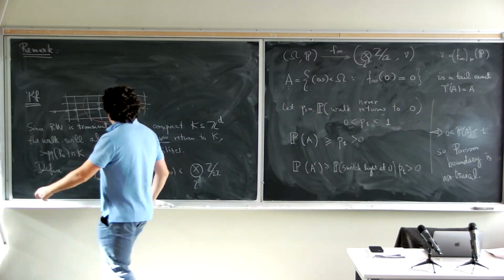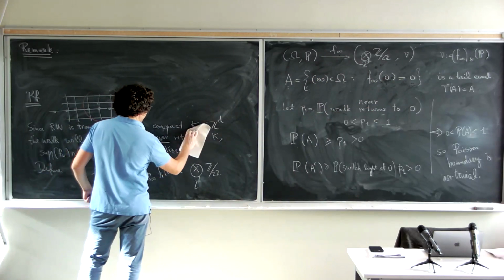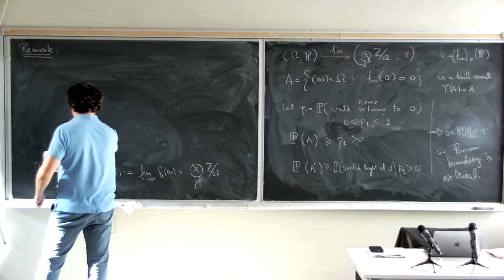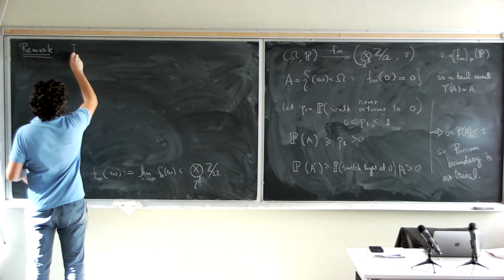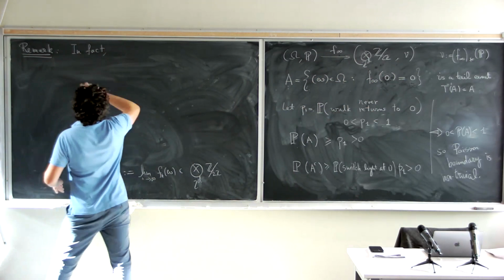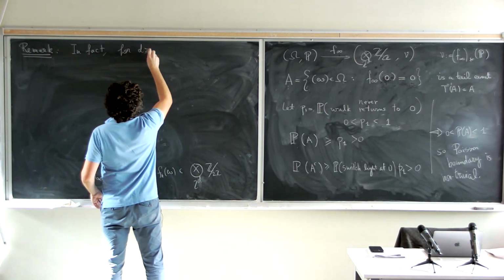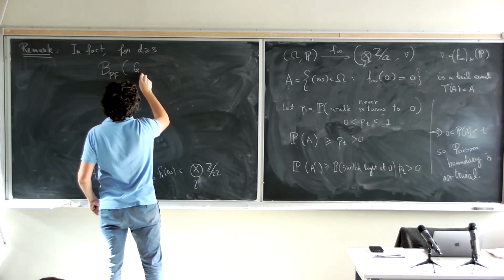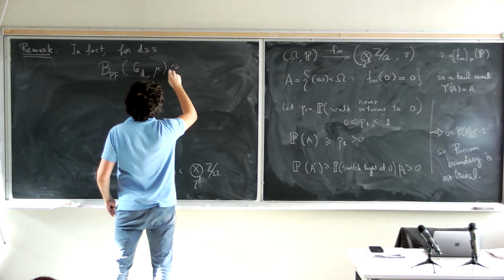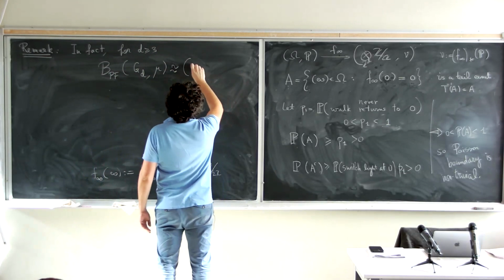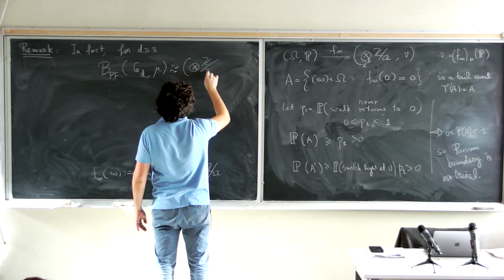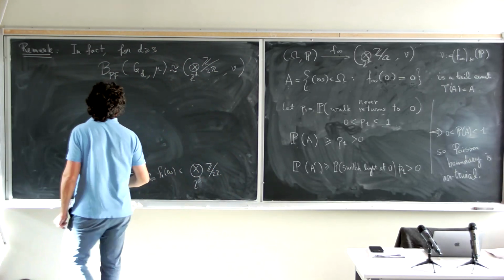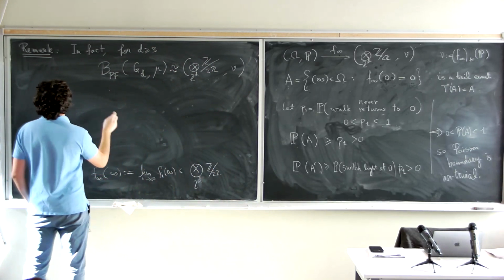And this has in fact been proven, but it's much harder to prove. For d bigger than 3, the Poisson boundary of this lamplighter with this measure mu is isomorphic to this space of infinite configurations. But this is a later theorem.